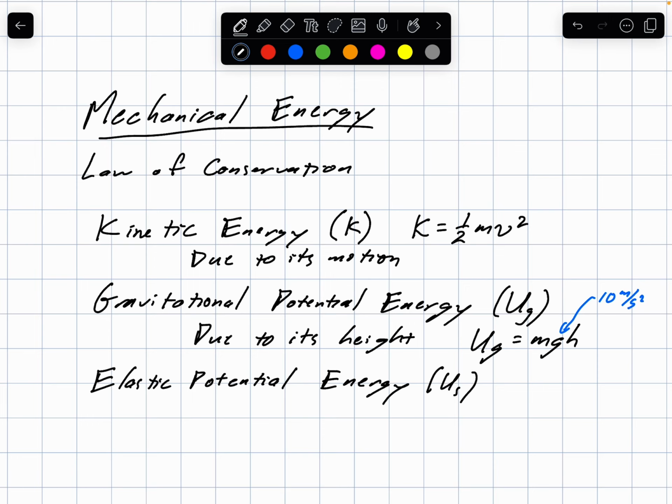All right, and so this is the energy something has due to stretch or compression. Okay, and then for a spring, for the potential energy of a spring, it's 1/2 kx squared, where k is the spring constant and x is how much the spring is stretched or compressed.